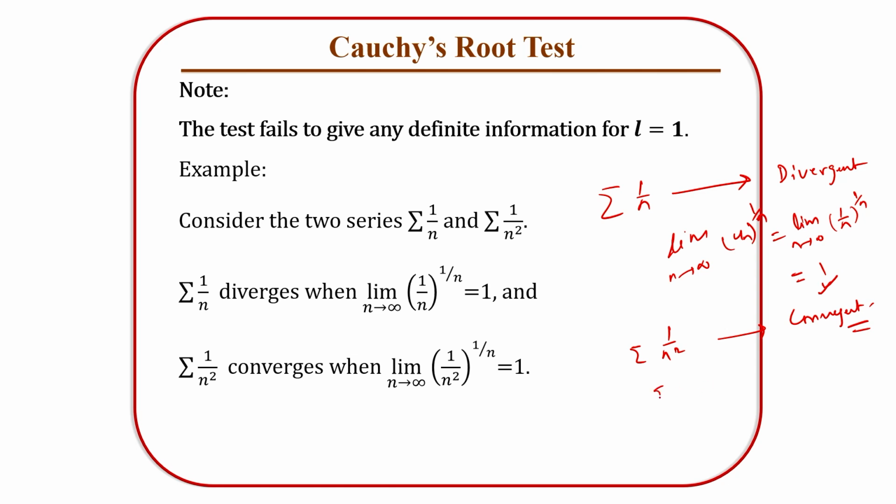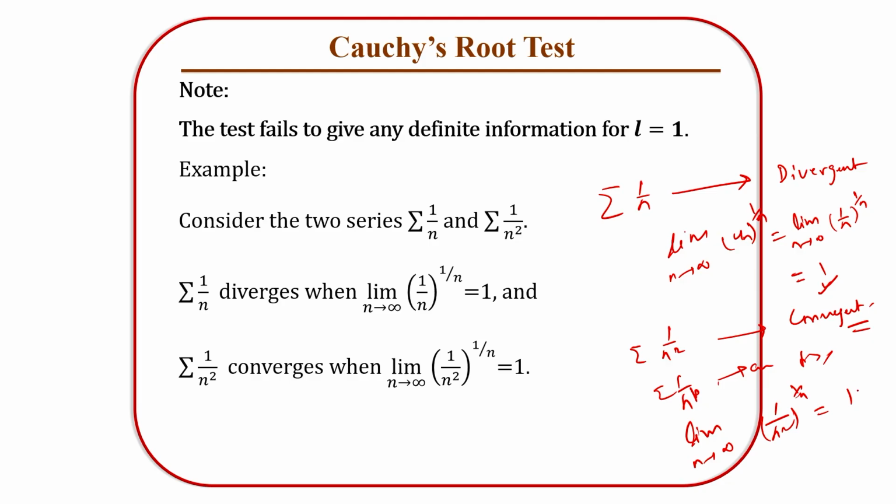So, comparing with summation 1 by n to the power p, it is a converging series when P is greater than 1. And now find the limit as n tends to infinity of 1 by n square to the power 1 by n, and if you do the calculation, it will give you 1, right.